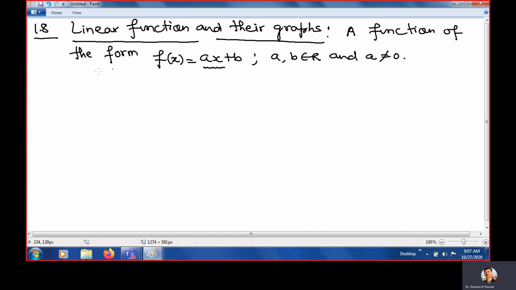So a function of the form is called a linear function.